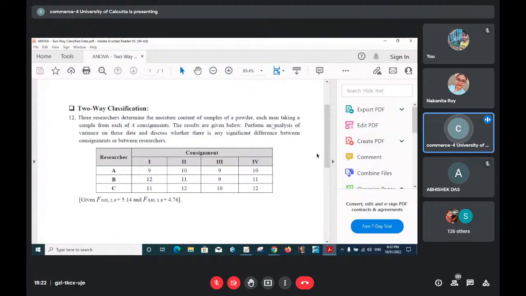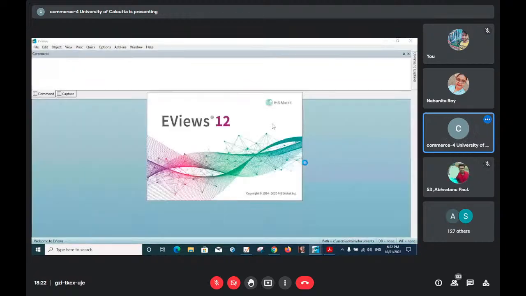When the data set is very small, you can do it manually, but when the data sets are huge, you can't do it manually. I think in the below pane, you can see the statistical softwares by which you can easily perform statistical tests.